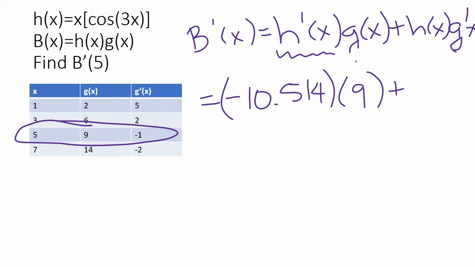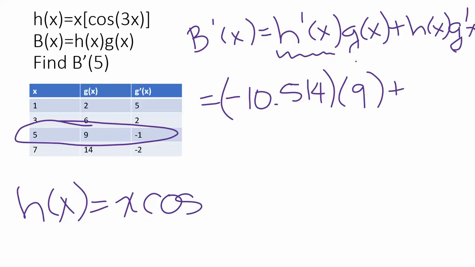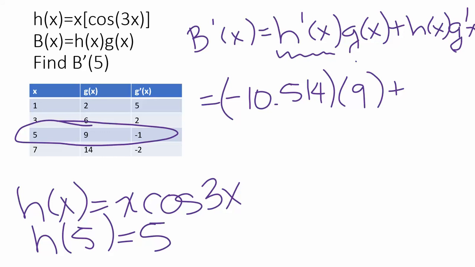So I'm just going to take my equation, which was h of x equals x cosine 3x. Basically, we want to evaluate this at 5. So we're going to need 5 cosine 15.